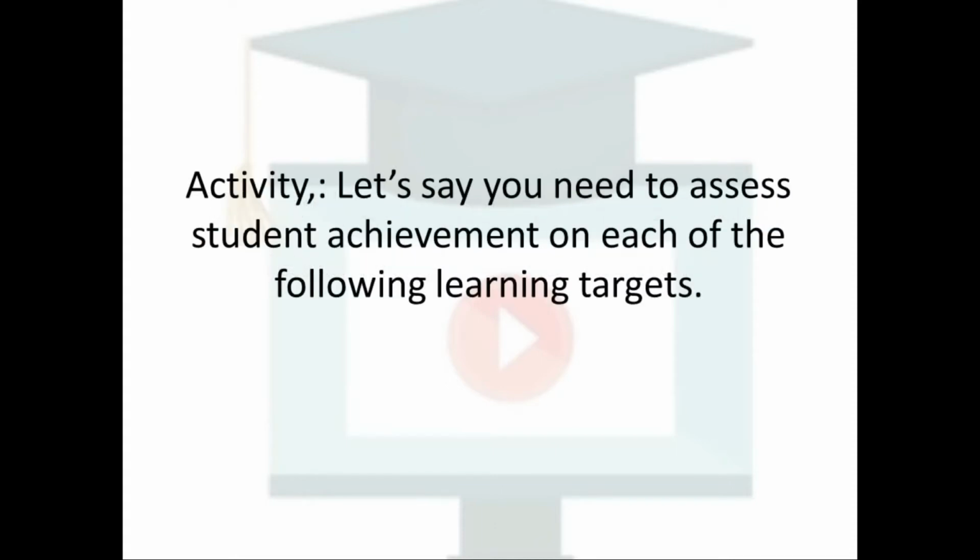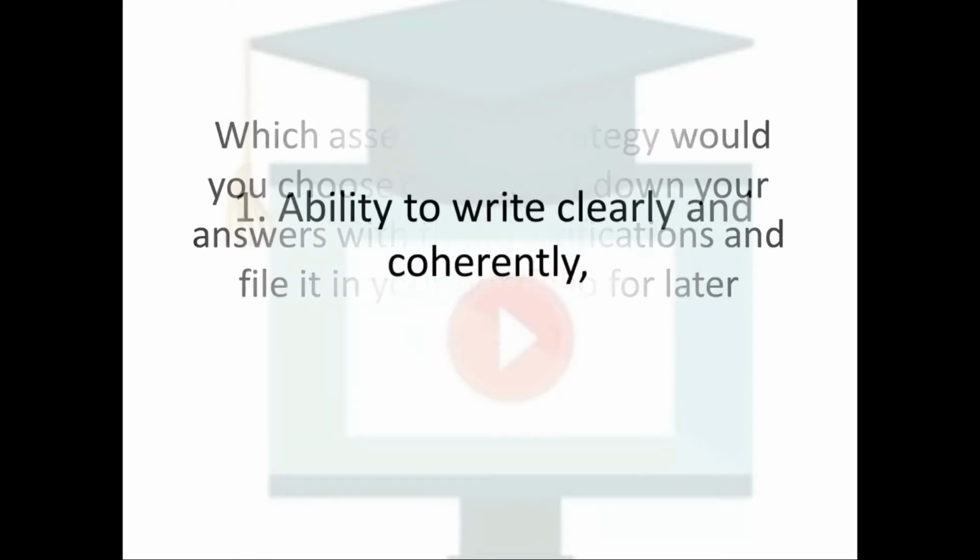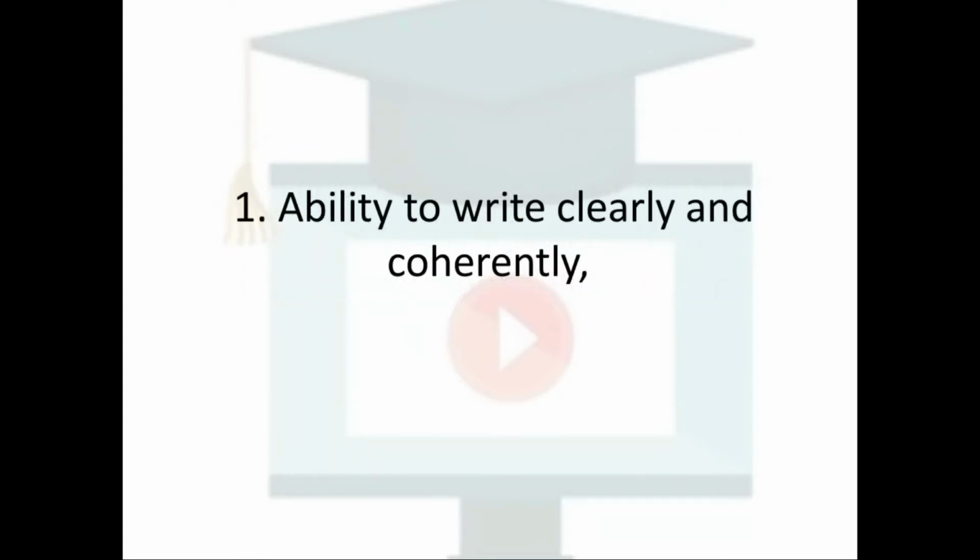Activity. Let's say you need to assess student achievement on each of the following learning targets. Which assessment strategy would you choose? Please jot down your answers with their justifications and file it in your portfolio for later reference. 1.